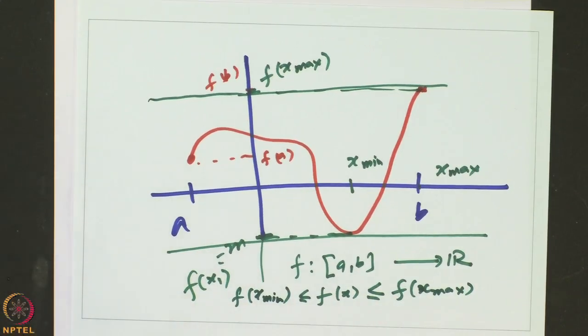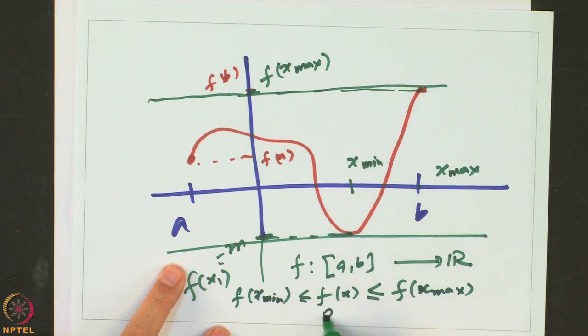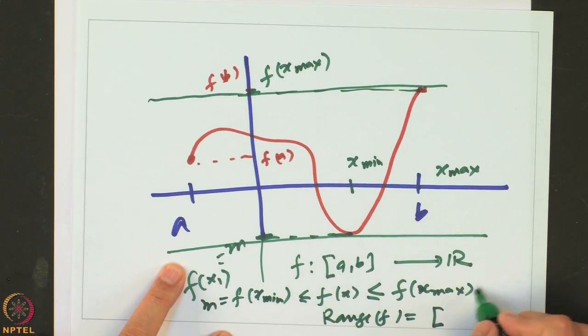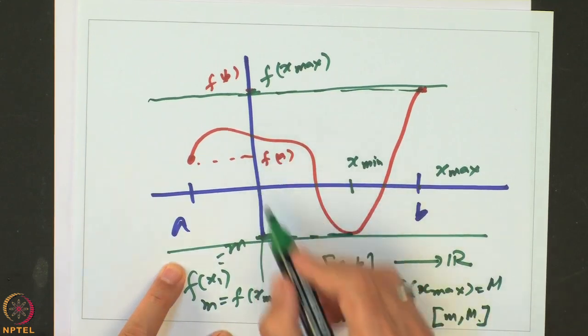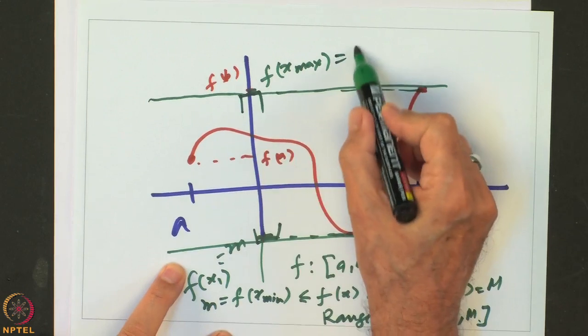Means, this also says that the range of f is equal to, if I call this small m, call this capital M, so small m to capital M. So, this is the value small m and this is the value capital M.